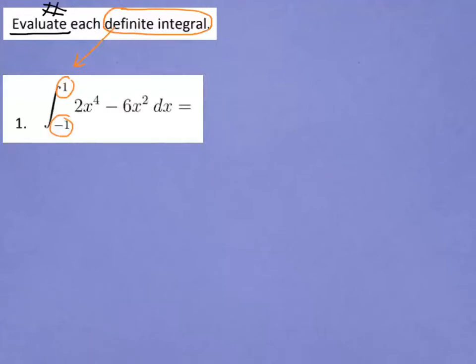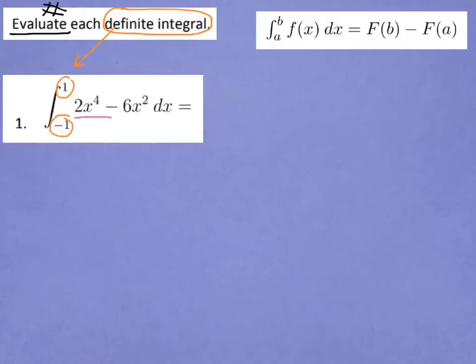The function inside the integral, our little f, is 2x to the fourth minus 6x squared. Then we have a dx here, and that signals where the integral ends. It's kind of like a closing parenthesis. The integral symbol is the opening parenthesis, and the dx is the closing parenthesis. That's where we stop.